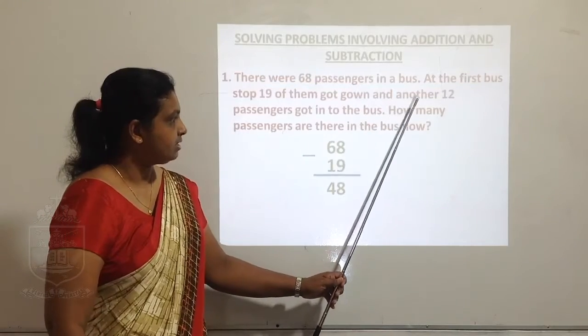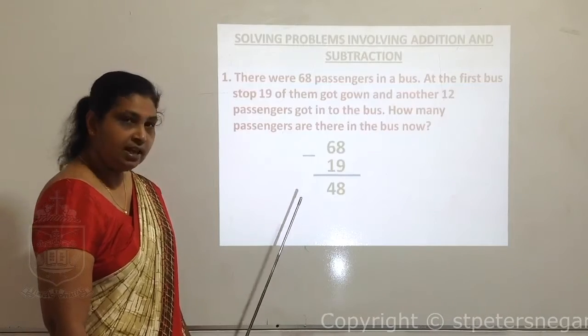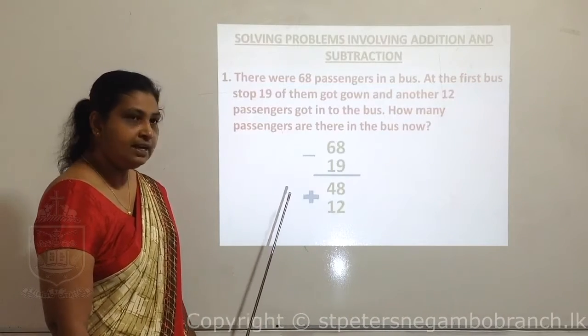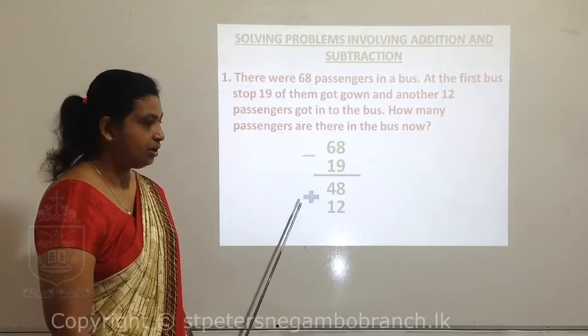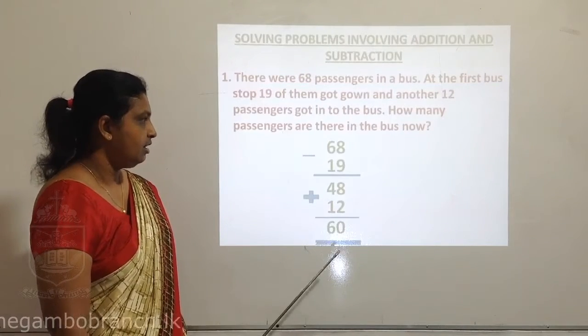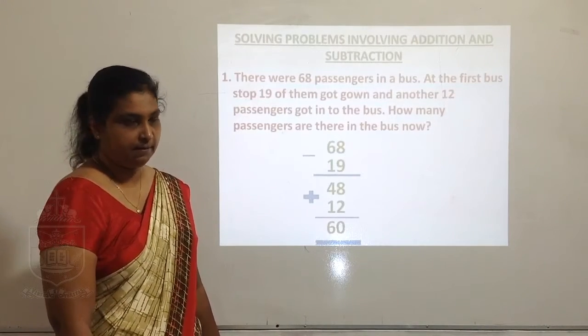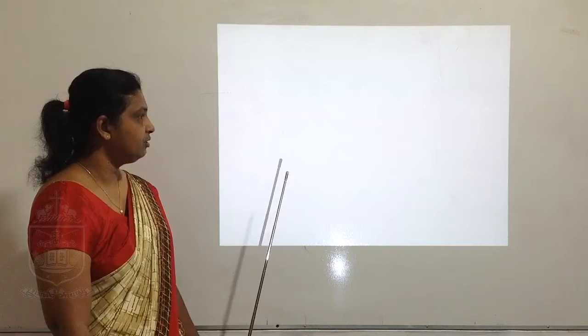Then another 12 passengers got into the bus. So there you have to add 12. They have got into the bus. Addition. Then after adding this, now 60 passengers are there in the bus. Okay, so we will go to the next question.